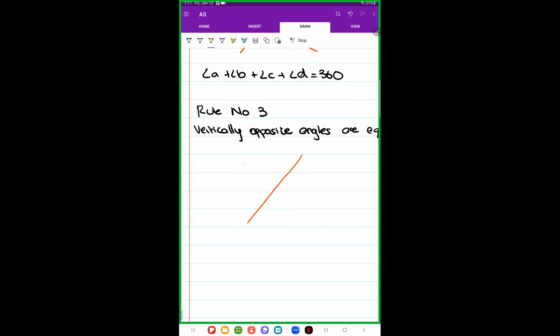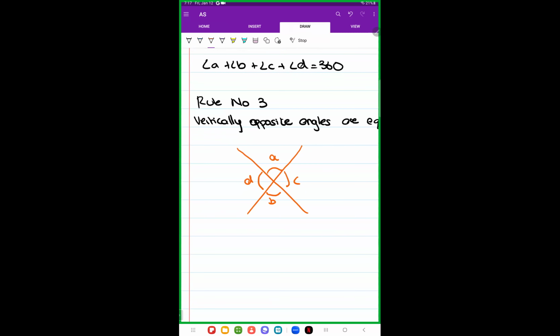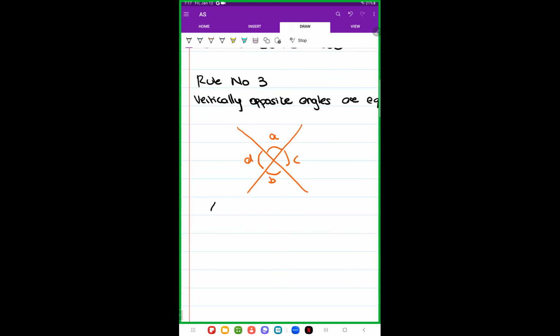For example, I have these two lines. This is A, this is B, this is C, and this is D. According to this rule, angle A will be equal to angle B, and angle C will be equal to angle D.